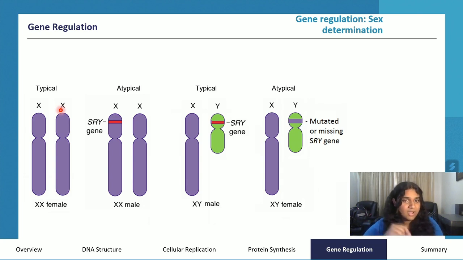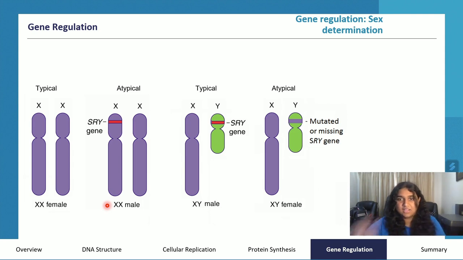If an SRY bearing X chromosome fertilizes a normal egg, it will produce a chromosomally atypical female embryo. So it'll still have an XX chromosome combination, but because it's got the SRY gene, this individual will start forming male sex characteristics.